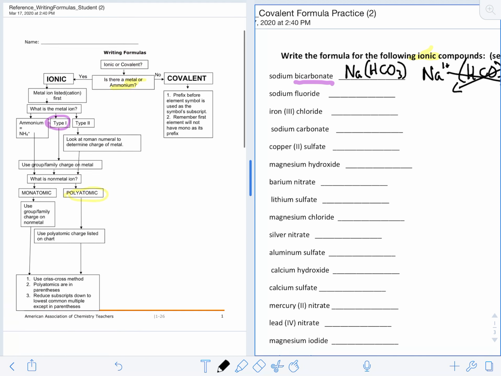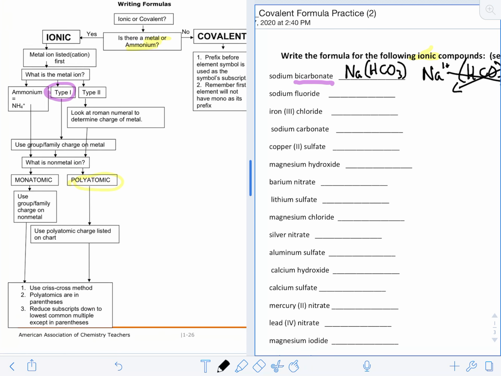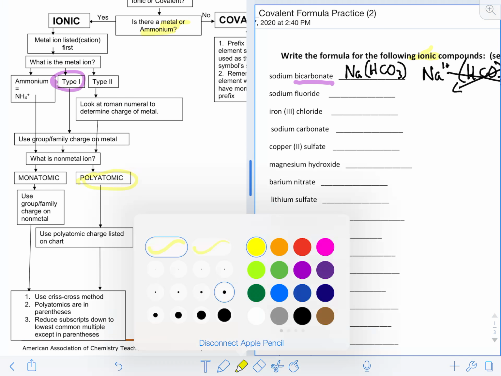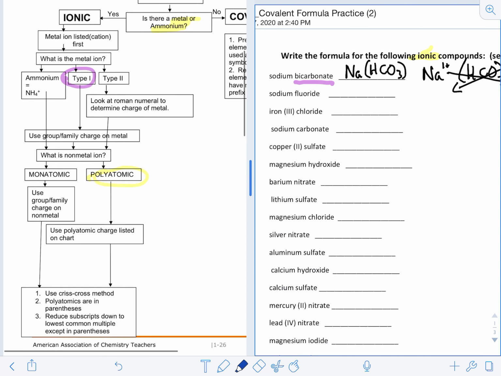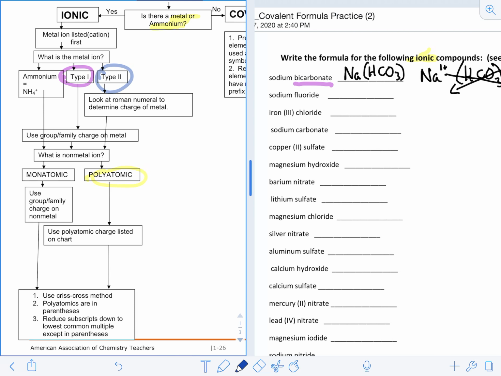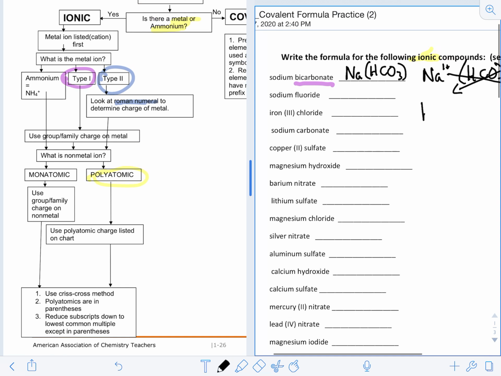Now I'm going to do a type 2 because I have a feeling that some of you are going to scratch your head about type 2. Type 2 compounds have a Roman numeral. So I'm going to jump down here to iron(III) chloride. Whenever you see a Roman numeral, that is going to be the charge of the metal. So I want to write Fe3+ because of the Roman numeral 3.